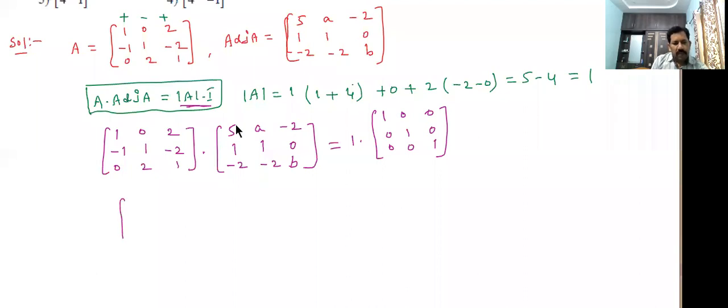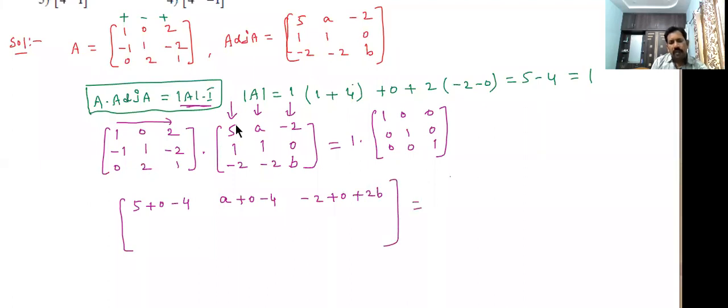Now go to the multiplication. First row, first column: 1 into 5 is 5, 0 into 1 is 0, 2 into minus 2 is minus 4. Next, second column: 1 into A, 0 into 1 is 0, 2 into minus 2 is minus 4. Third column: minus 2, 0, plus 2B.